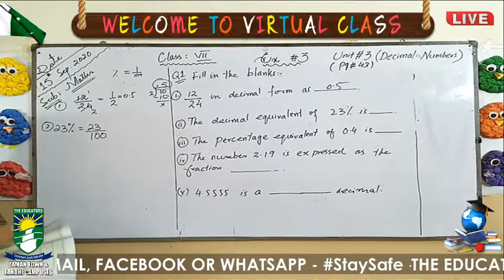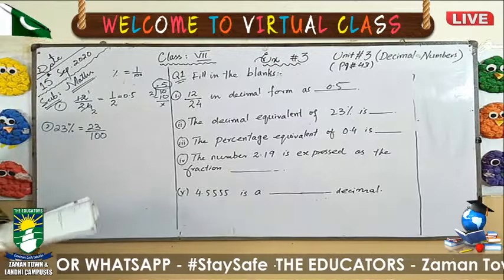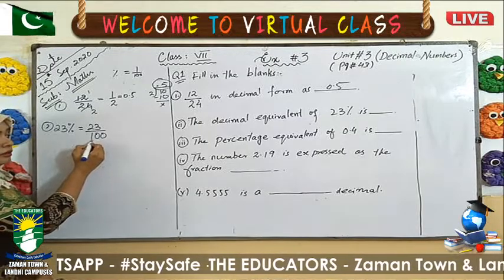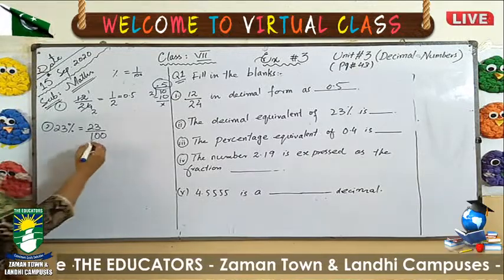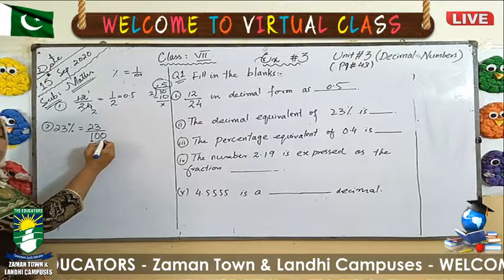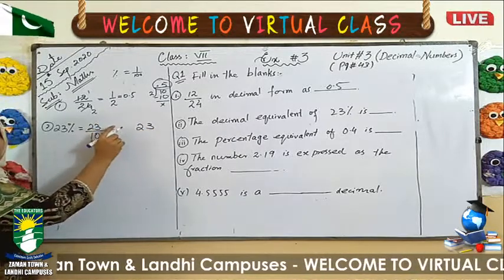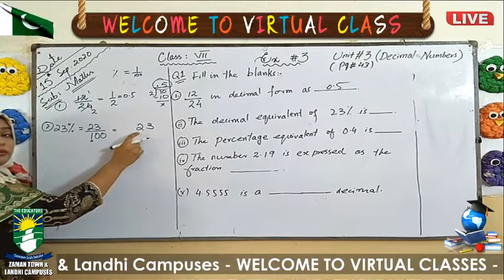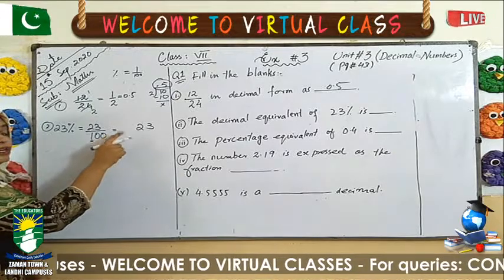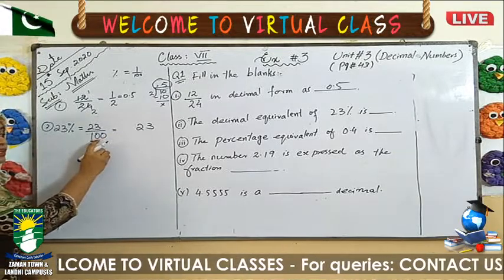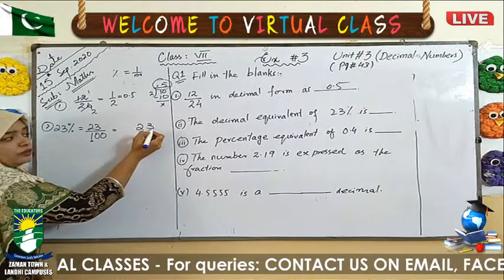Now, how will I change it into a decimal? In the denominator, if you have 1 followed by zeros, it shows where your decimal point goes. How many zeros are after 1? 2. It means starting from the unit place of your number 23, as many zeros as you have in your denominator, you will place your decimal after moving that many places. 1, 2.